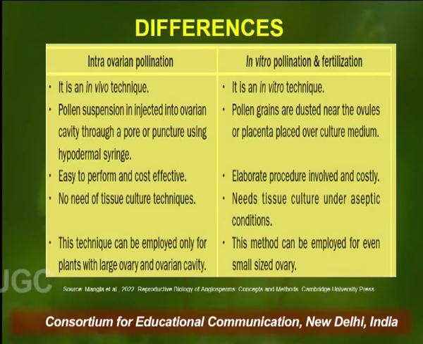And of course, for intra-ovarian pollination, the size of the ovary has to be large, and in in vitro pollination and fertilization it is not required, but there is a requirement of a tissue culture medium, which is not required in intra-ovarian pollination.